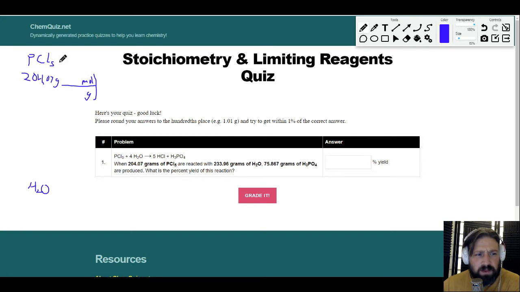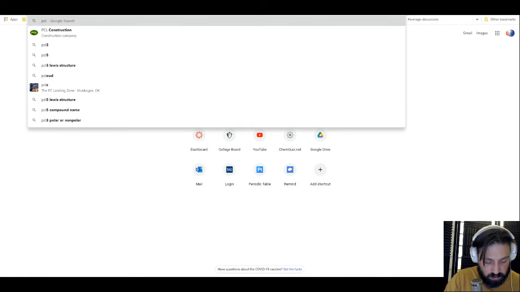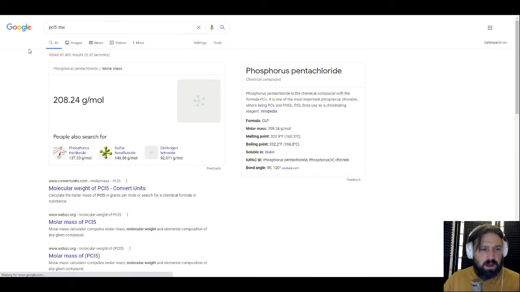So we need to figure out the molecular weight of this. And that is 208.24 grams per mole. Double check to make sure that this is actually what we're after. Yes, good.